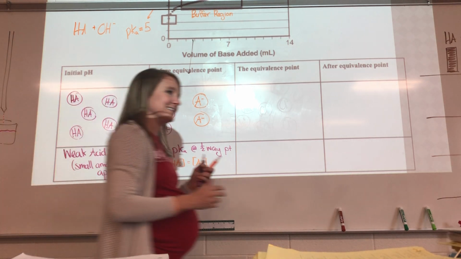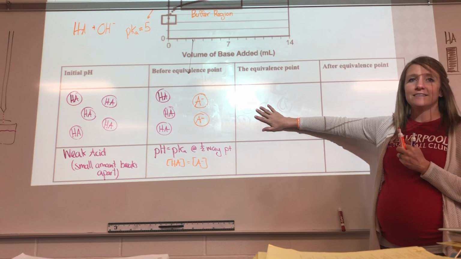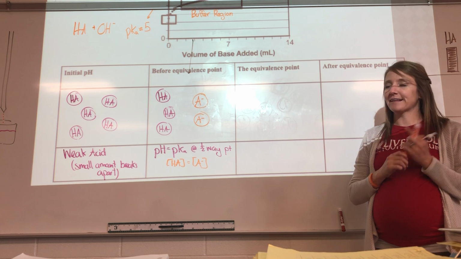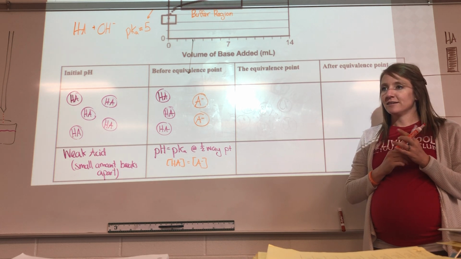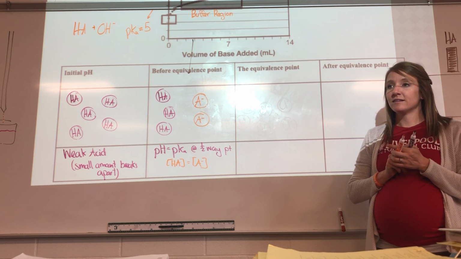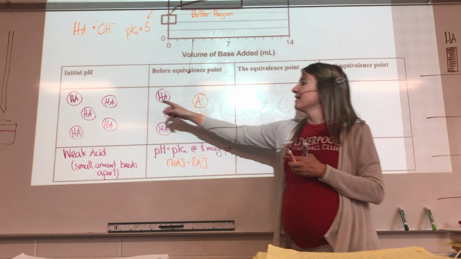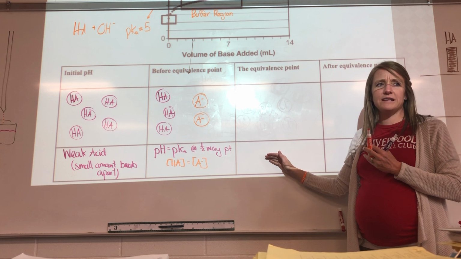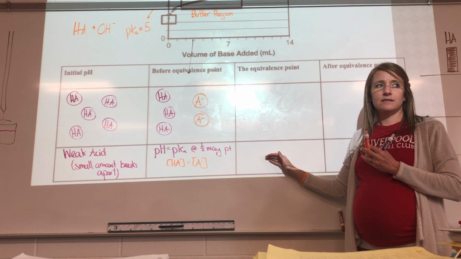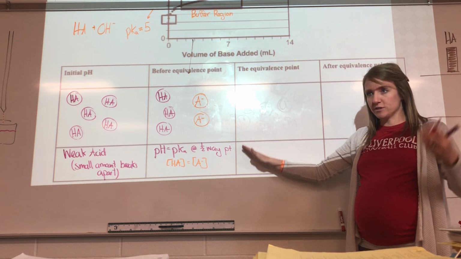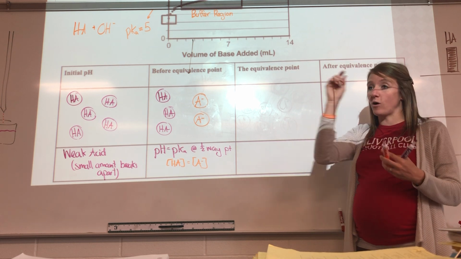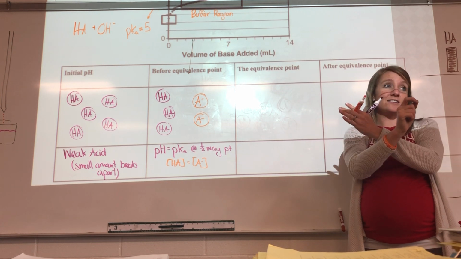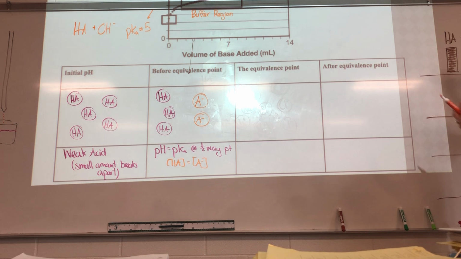Okay, equivalence point. What do I got here? Eli, what do I got? Wouldn't you have the same amount of A minus as you did HA? So, the original amount of HA, so what is equal at the equivalence point? The moles of acid and base. Good, moles of acid to moles of base. So at this point, all the HA and the OH are equal, right?